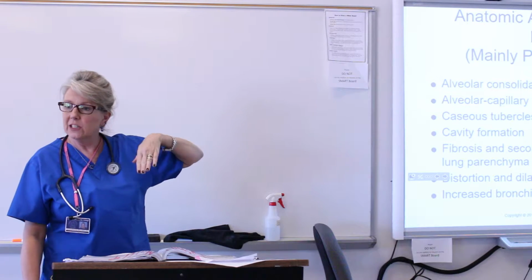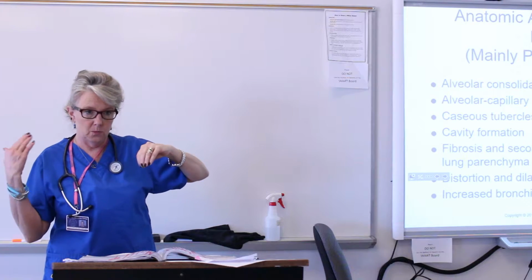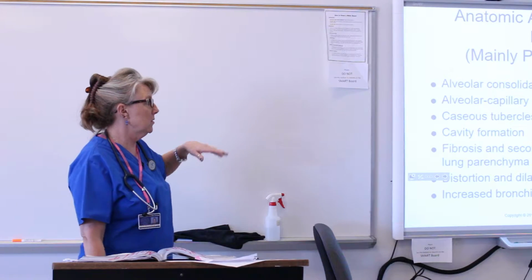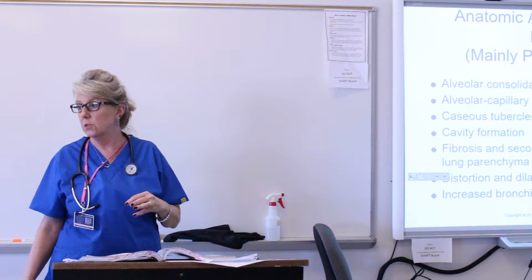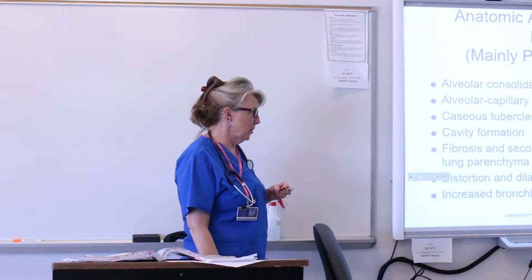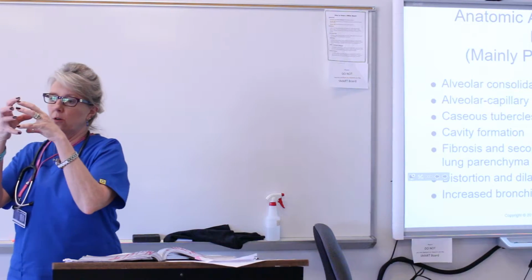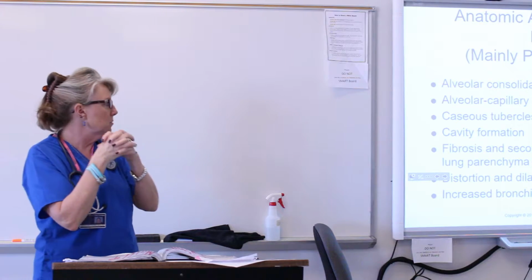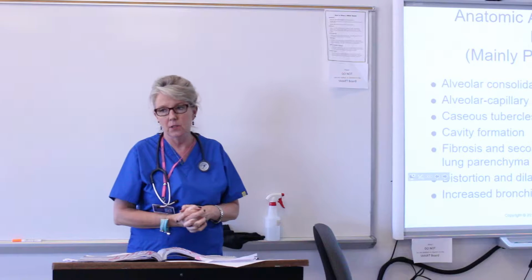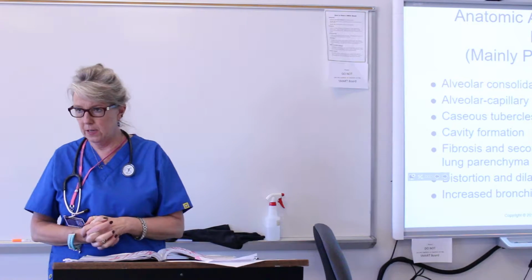Alveolar capillary destruction. The other disease we think about is emphysema with that happening, but it also happens with tuberculosis. Caseous tubercles or granulomas, and this is when they're cased off or sealed. Fibrosis and secondary calcification of the lung parenchyma. What's the lung parenchyma? The alveoli.